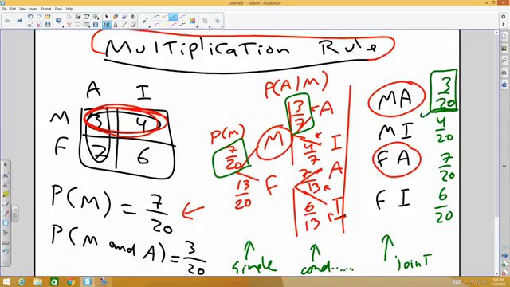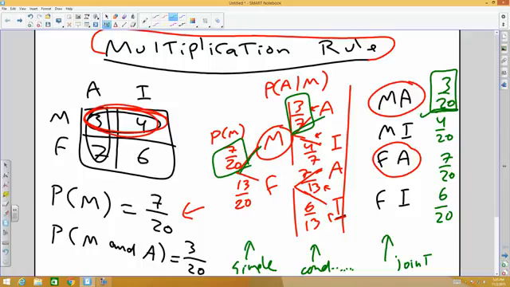Is this just happening by chance? Is it just coming by coincidence? Just multiply this number and this number, and it gives you 3 over 20, if you know how to multiply fractions. So it's the probability of the first event that happened first, and then the probability of the second happening given the first.